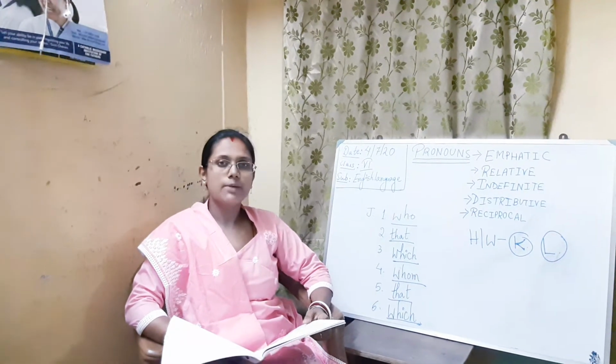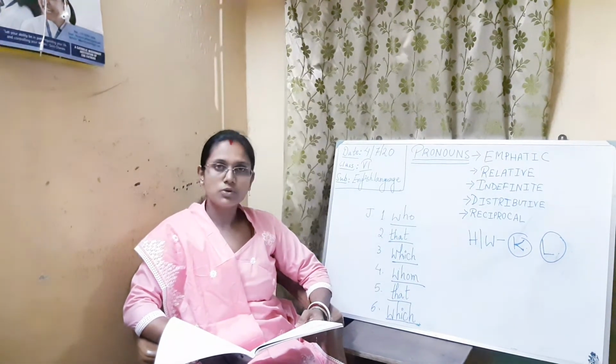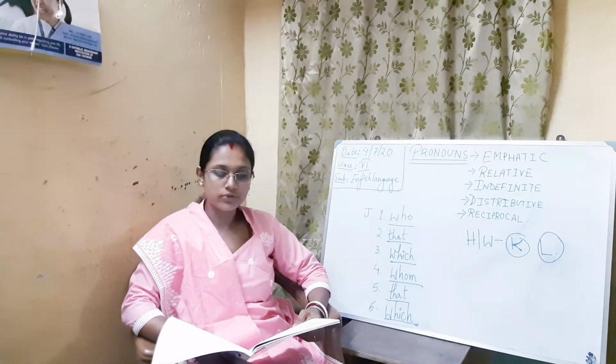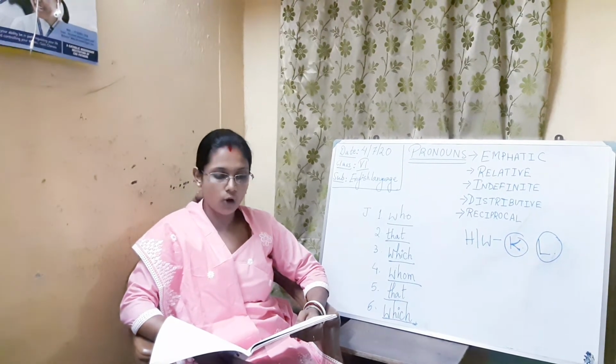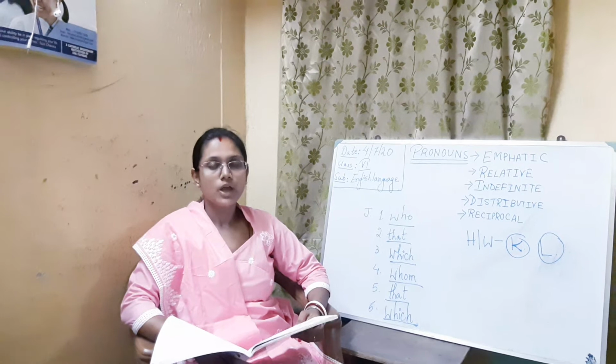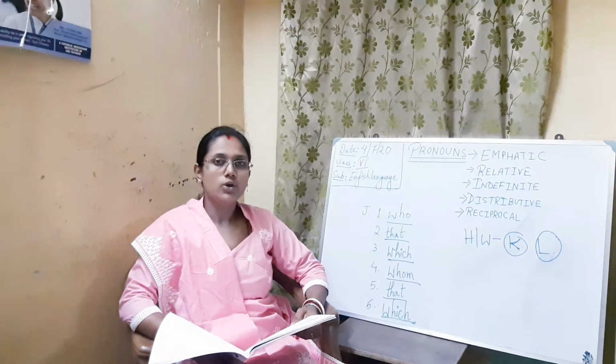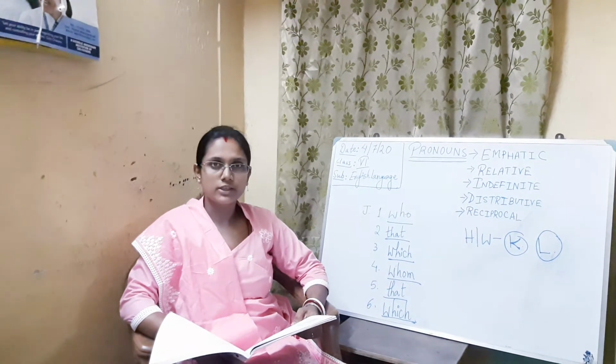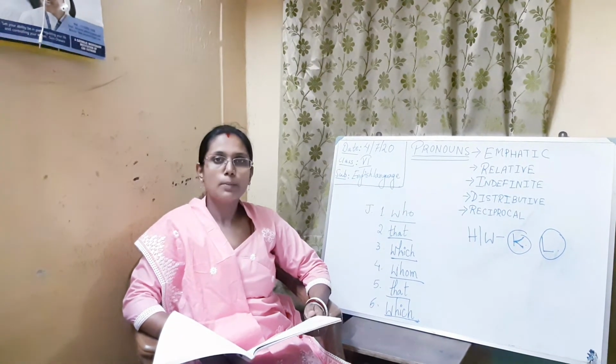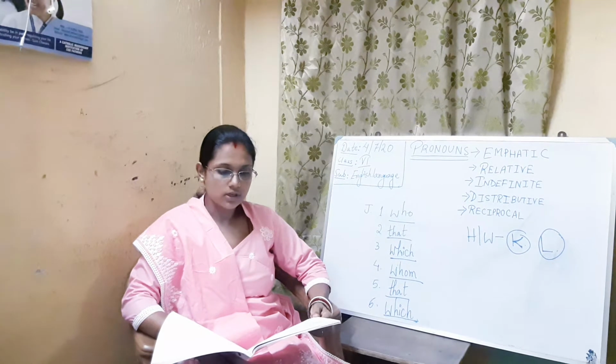You know that emphatic pronouns are those pronouns which are used for emphasis and have the same form as reflexive pronouns. In my previous class I explained what a reflexive pronoun is. You have also learned about the reflexive pronouns: herself, myself, themselves, itself.